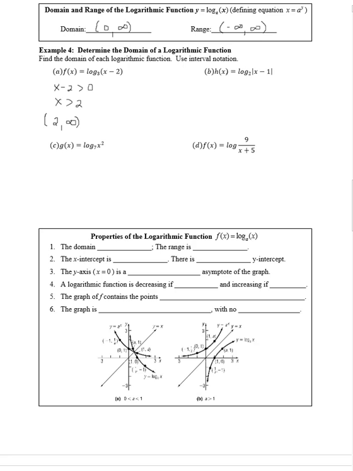Okay, what about the absolute value? Well, absolute value is always non-negative, right? So that means that the absolute value of x minus 1 is always greater than or equal to 0. So the only time we run into a problem is if it actually equals 0.